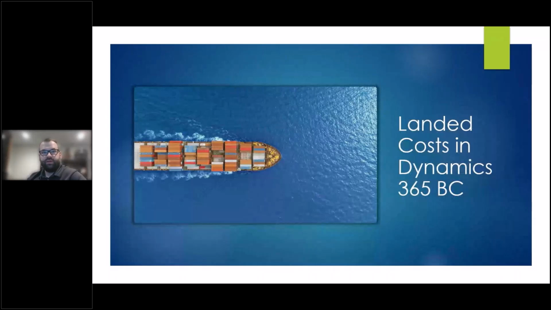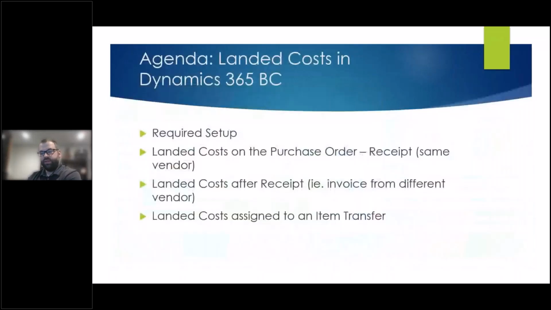So to start off, just to go over what we'll be looking at as far as BC, we're going to take the same approach that Beth did, looking at what the required setups are and what landed cost looks like in the various transactions that we can do. So we'll look at it on a purchase order, which is where we receive in Business Central. Typically, the receipt would be done off that PO from the same vendor.